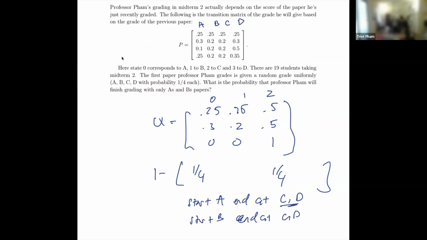And you want to negate this. Agree? So the answer here is, you start at A and end at this, or start at B and end at that, and you negate that. It's 18 because you already have the first student being an A or B student.